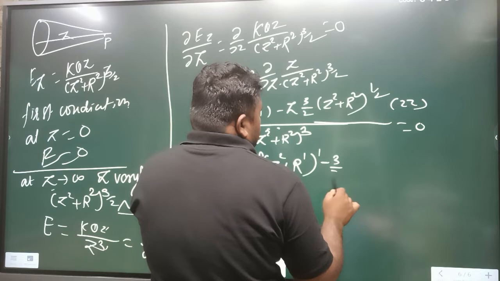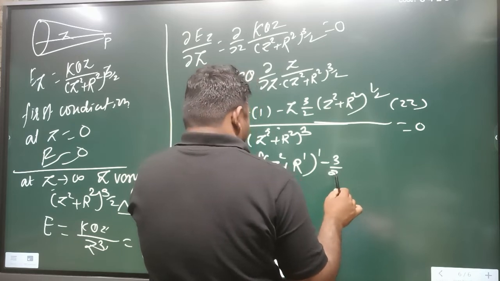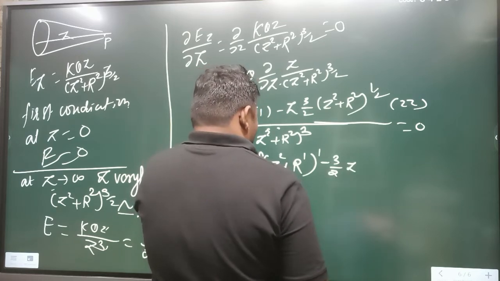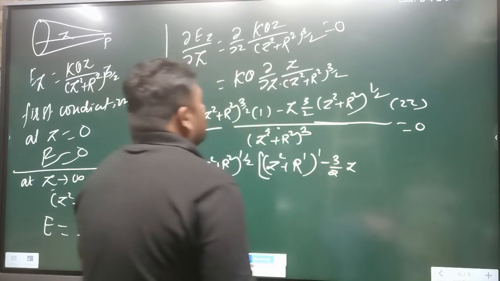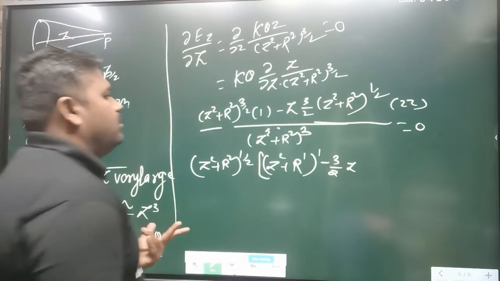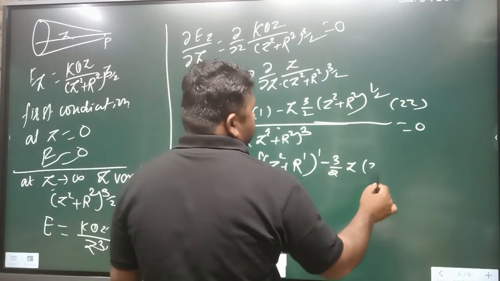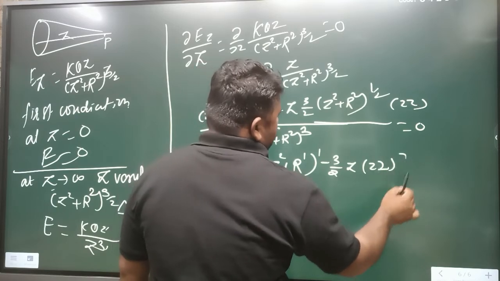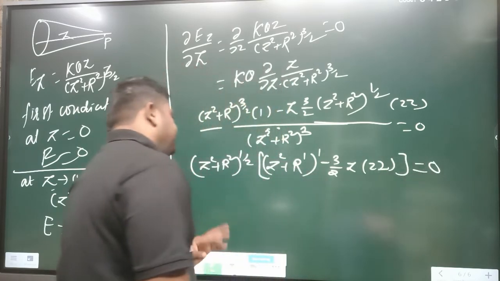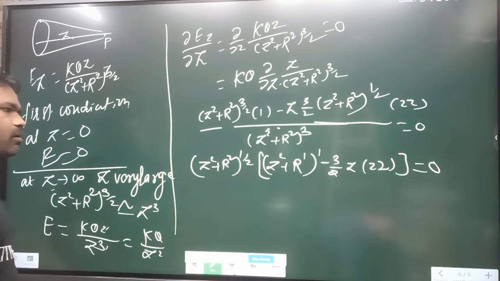3, 3Z square. So the 3 will cancel, Z square.